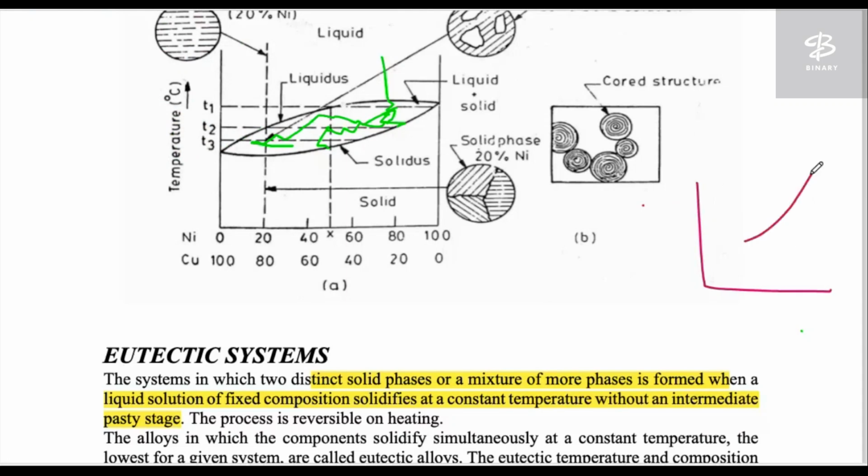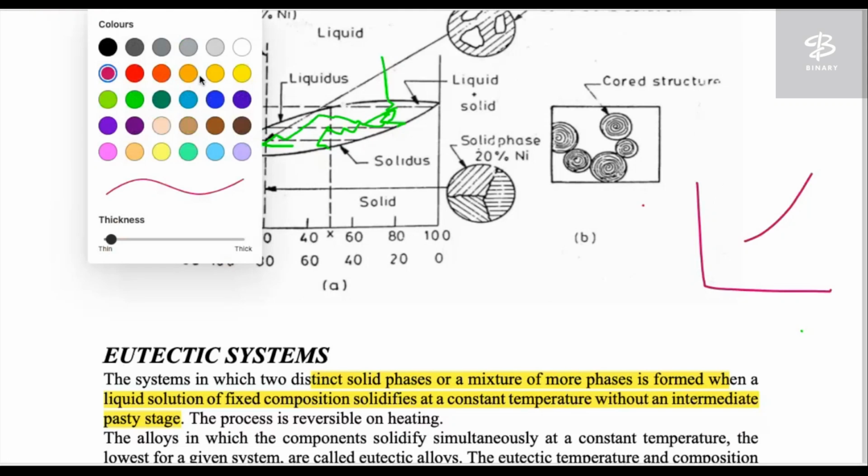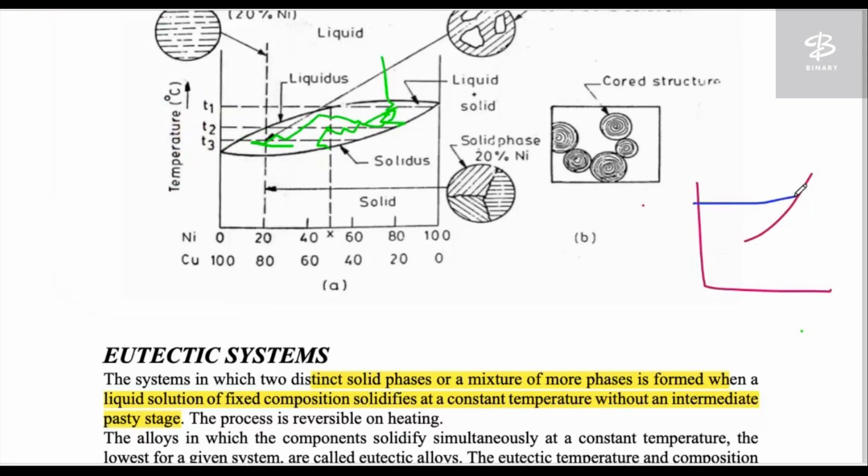Suppose this is your solid state line. At this particular temperature, you come here, and for this you have some kind of composition. Only at that composition would you get the eutectic point.